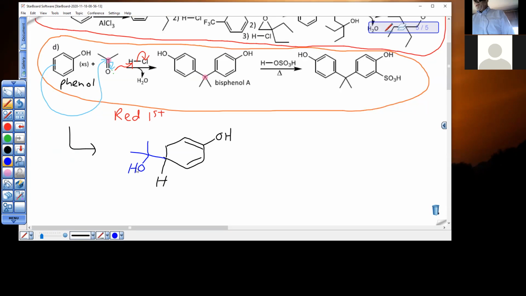We have a cation there. And we have the conjugate base of HCl here. That anion is way out of position. And, whoa, the H is downstairs.